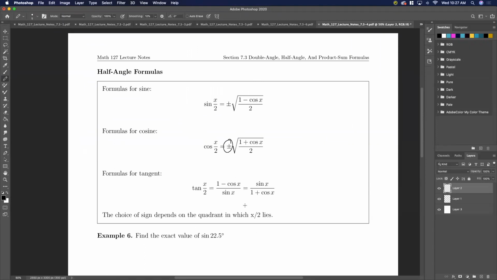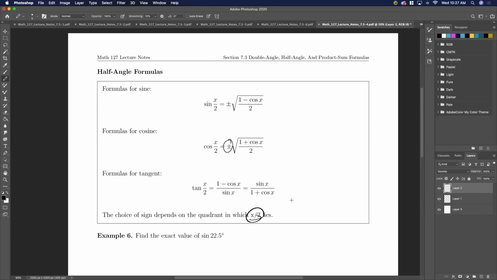You'll see these plus minuses here. So which one do you choose? You choose the quadrant where x divided by 2 lies, okay? You'll have to actually crunch that in your head, because you're going to plug in full cosines, but it may be plus or minus that depending on where your half angle lies.